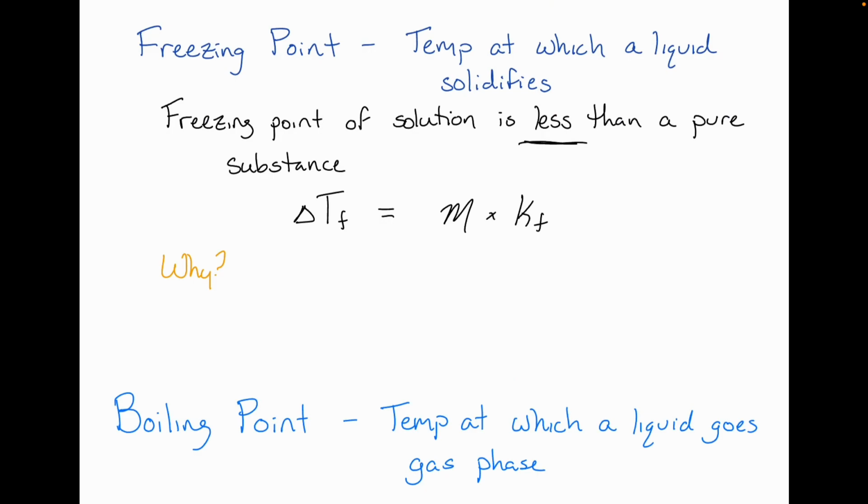When the ocean freezes, it freezes as pure water, which means that those water molecules have to push those sodium chloride molecules out before they solidify and freeze together. So this process is called exclusion. Basically, the solvent, before it can actually solidify, has to exclude those solute molecules, which requires more energy, which is why it has to be a lower temperature than it normally would.